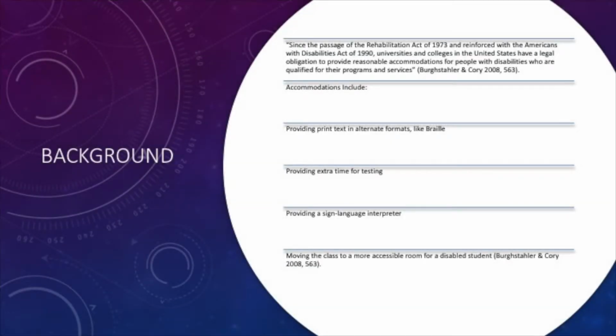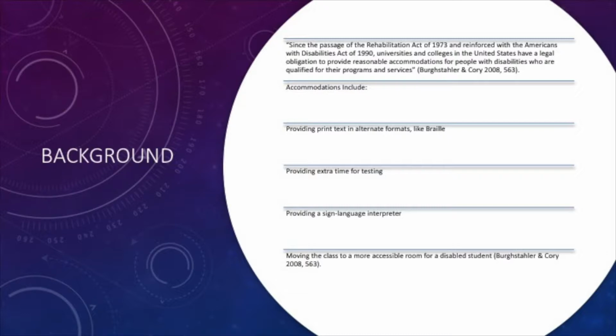Looking at the background of UDL, it really has its roots in the Rehabilitation Act of 1973 and the Americans with Disabilities Act of 1990. Basically, these acts stated that universities and colleges in the United States are legally responsible for providing reasonable accommodations for people with disabilities who are qualified for their programs and services.